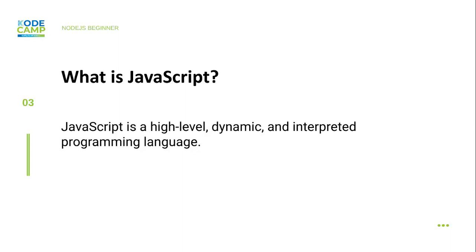Then we say JavaScript is dynamic. We have dynamically typed languages and statically typed languages. When we say a language is dynamically typed, we mean that we don't necessarily need to declare the data type for each variable we are going to use in that language.